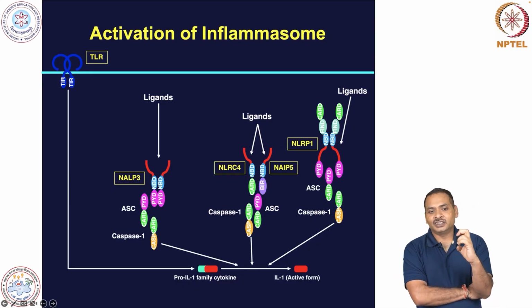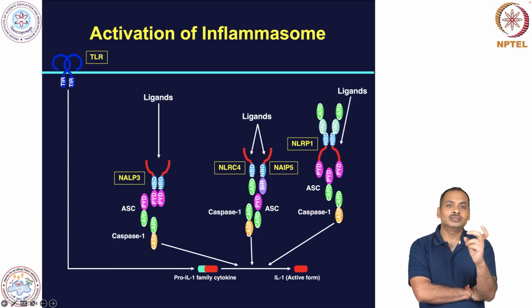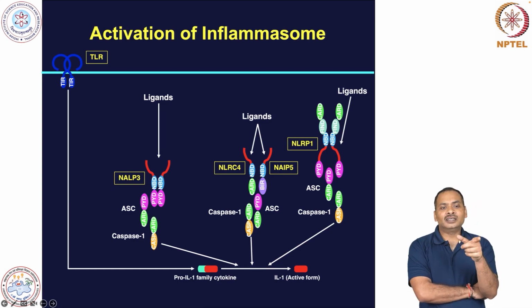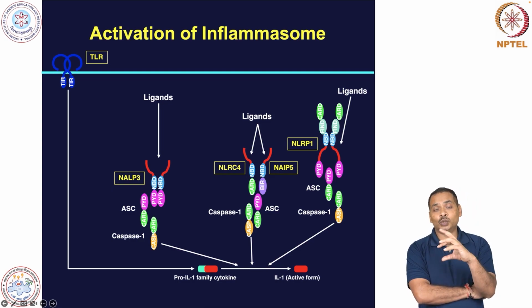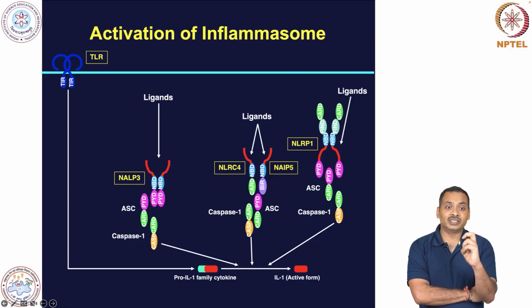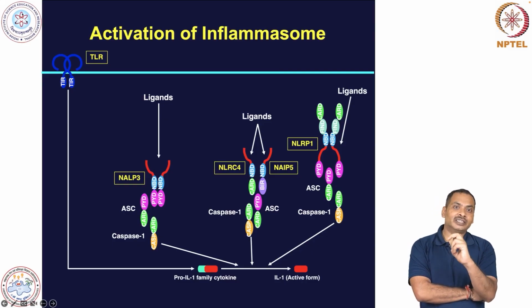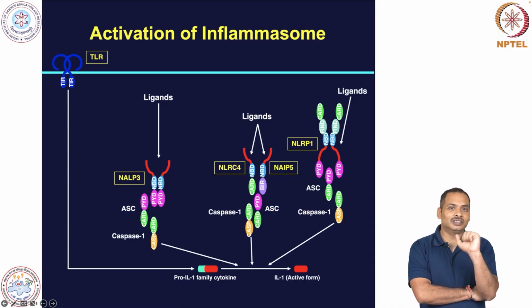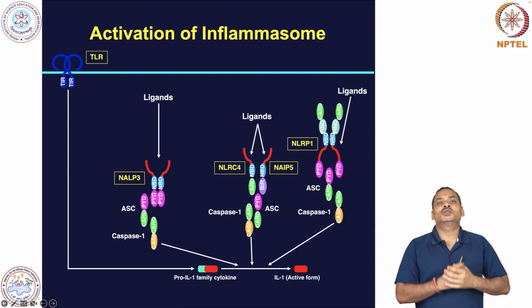If you see carefully, this ASC has both a pyrin domain as well as a CARD domain, and it will interact with procaspase. This procaspase has a CARD domain and a caspase domain. So here you can see this homotypic interaction is playing a very important role in making this multi-protein complex.